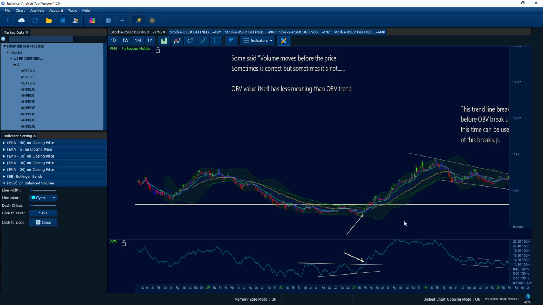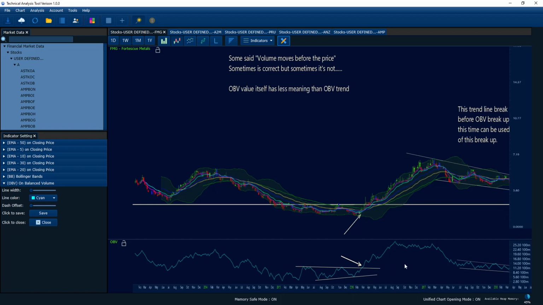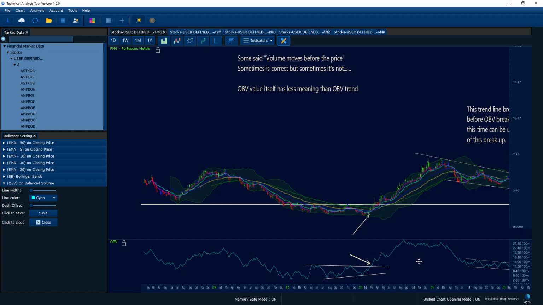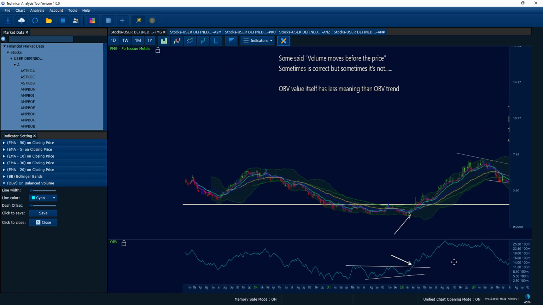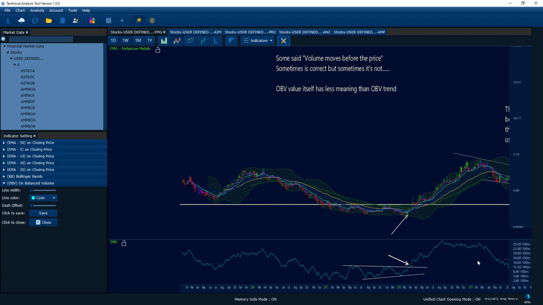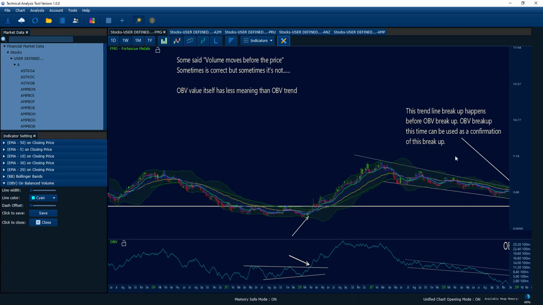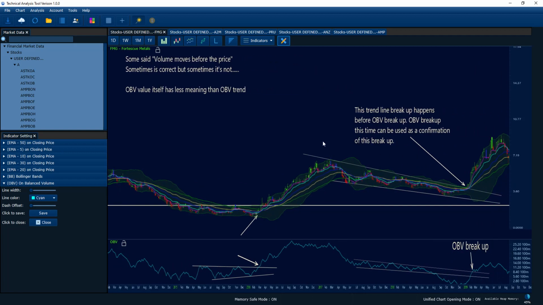What people most use is the trend of the OBV chart. So just treat it as a security if you like. You can actually draw anything, resistance, support, trend lines, etc., on the OBV line. In this usage, it will probably give you more information than the actual OBV value. Okay, so that's that line.